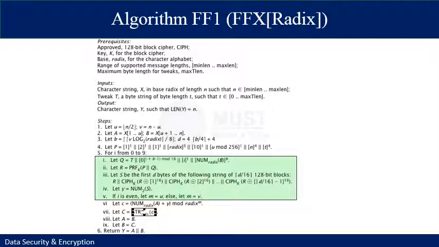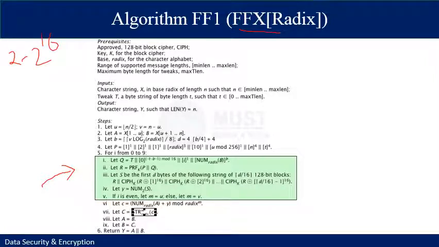As referred to earlier, the algorithm FF1 is referred to as FFX of radix, and the FF1 encryption algorithm is illustrated here. The shaded lines correspond to the function F_K. The algorithm has 10 rounds and a number of parameters. The first parameter is the radix. That means it can operate on 16 bits, so its radix can be from 2 to 2 raised to the power 16.